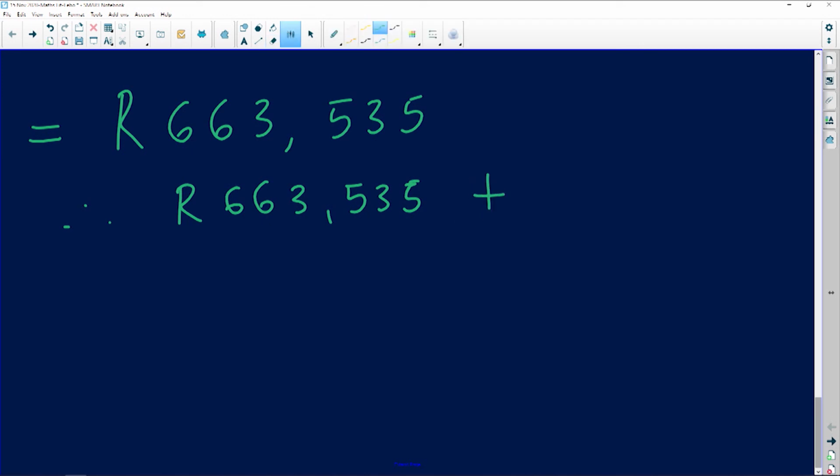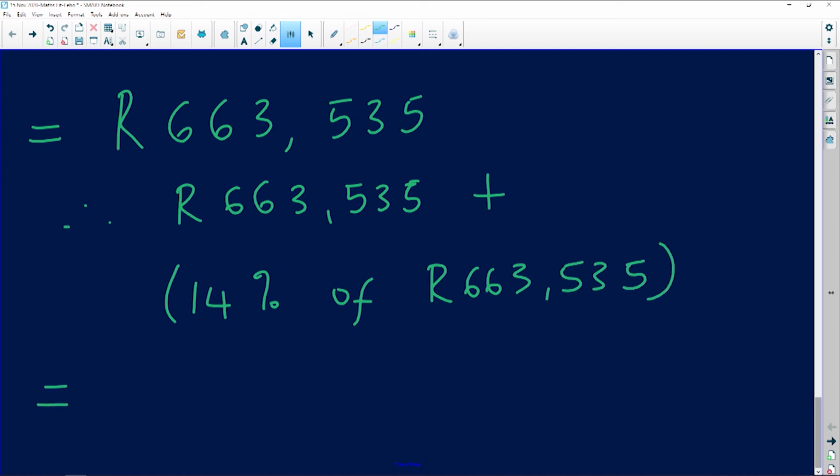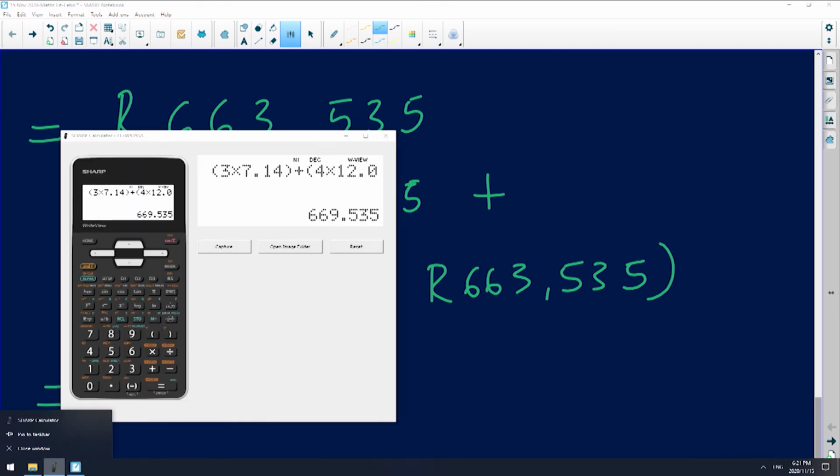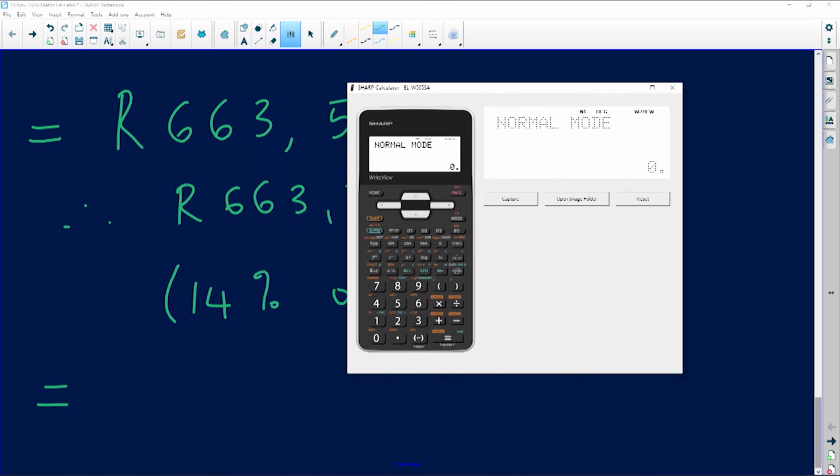Plus, we're now doing 14%, but remember VAT is now 15%, so please be careful in terms of VAT, okay? So this would then give me what I'm looking for for VAT purposes. 663.535 plus 14%, which is 14 over 100.